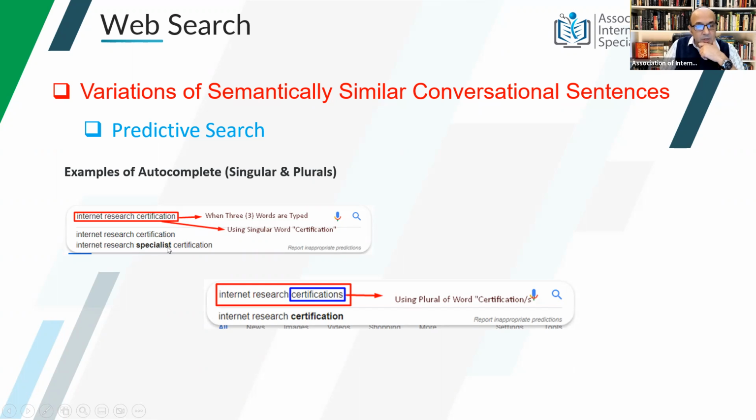The word specialist was added because I've used it recently, or it's my history that's bringing these two words. But the moment I add an S and make it a plural, the word certifications is bringing me something different. It is not bringing me the word specialist. So that's where singulars and plurals do impact your search results, or at least your search history that is brought to you as a drop down or suggestive history would give you different results based on whether you've used a singular or a plural.